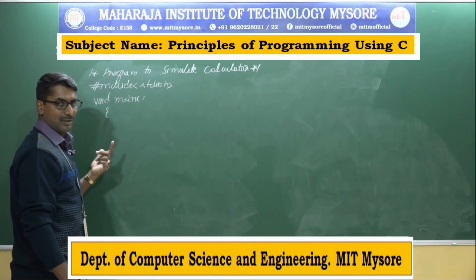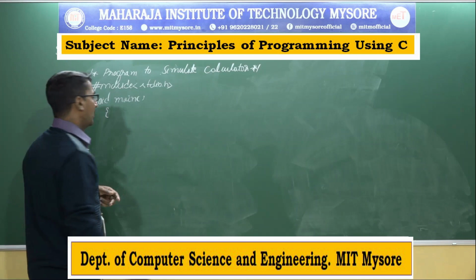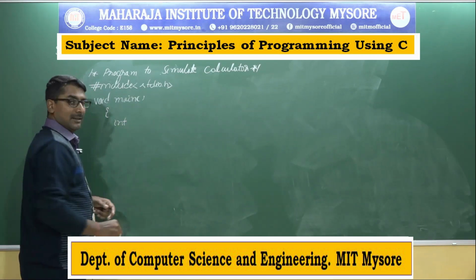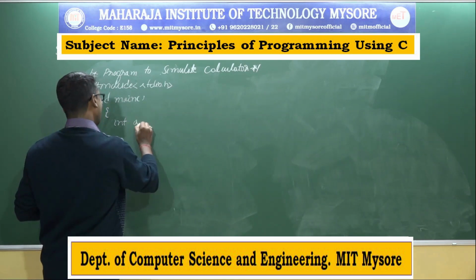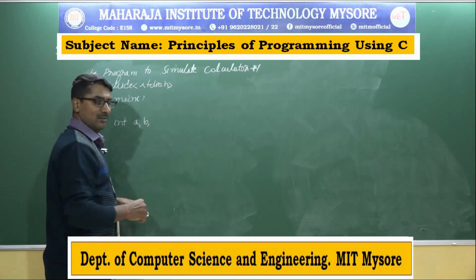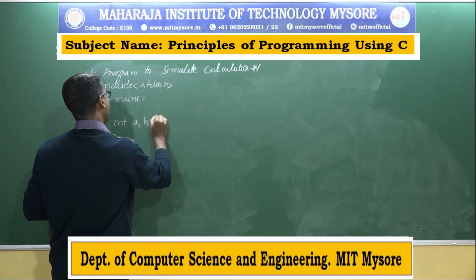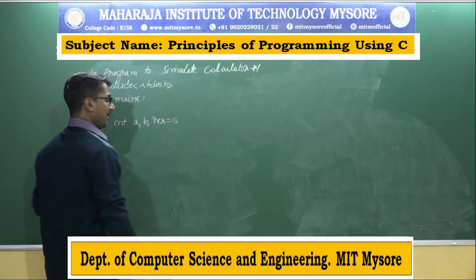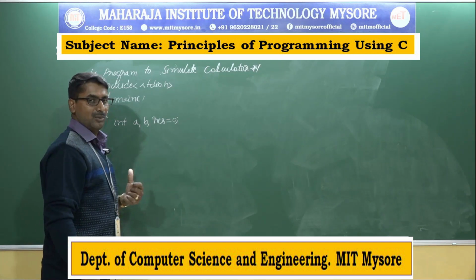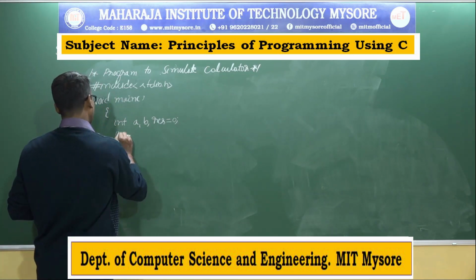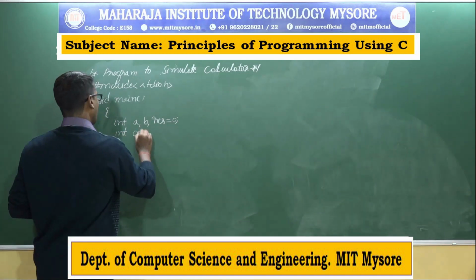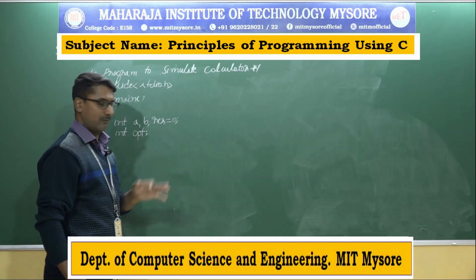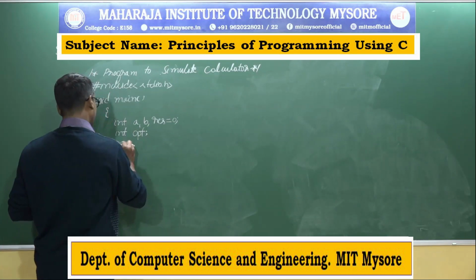In this program I consider integer values: A, B, and one more variable for the result. I will consider result RES is equal to 0. Then one more input is the option; I will consider int OPT as the option. The option is 1, 2, 3, 4, 5. Next, printf.